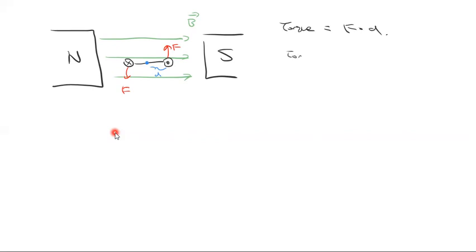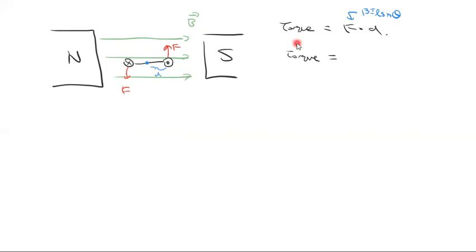Now the torque is going to equal force times distance, and I'm not going to derive the formula in the interest of saving time. This force is going to equal BIL sine theta. But just note, think about what we said yesterday. These are going in and out, so you can have your pen pointing in or out of the page, and it's going to the right.